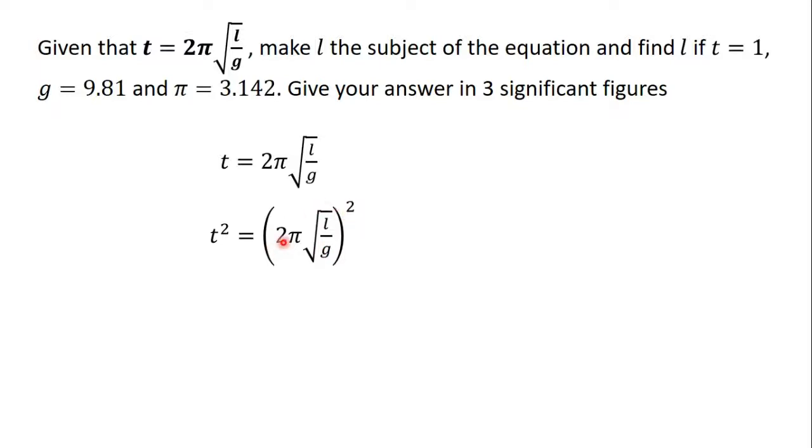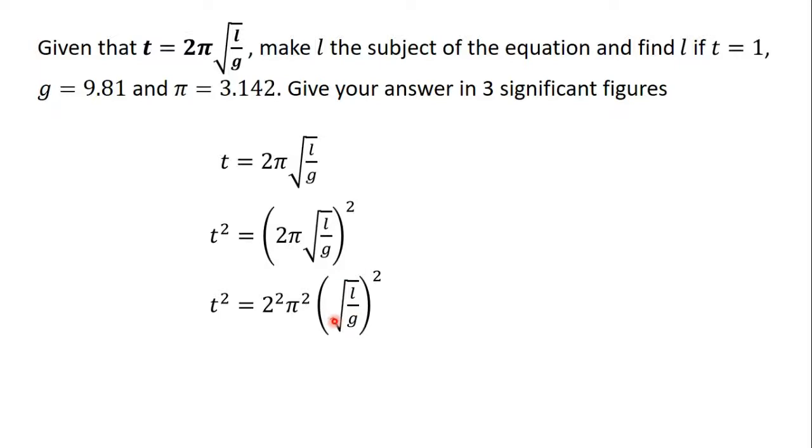So 2 will be squared, pi will be squared, then square root of L over G will also be squared. So we give the square to 2, so 2 squared. We square pi, so pi squared. Then square root of L over G will also be squared.